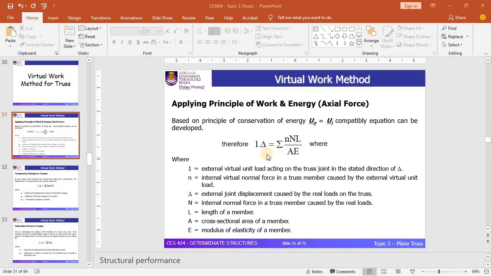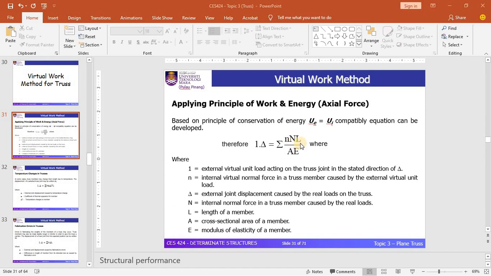The equation you can see in this slide is equal to the summation of n N L over AE, where you can see there are two terms: the small n and the capital N. The small n refers to the axial force that you get from the virtual work diagram, meanwhile the capital N is the axial force that you obtain from the real diagram. We will look into this in detail in the example.